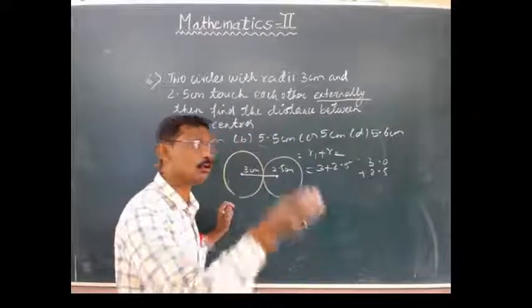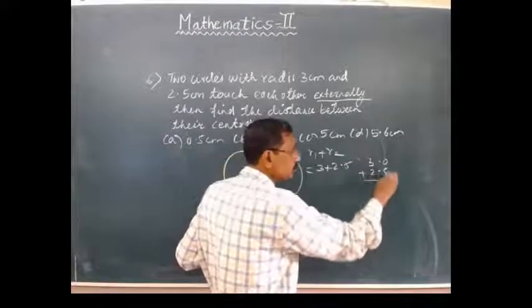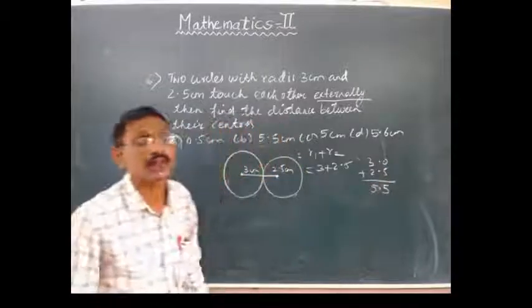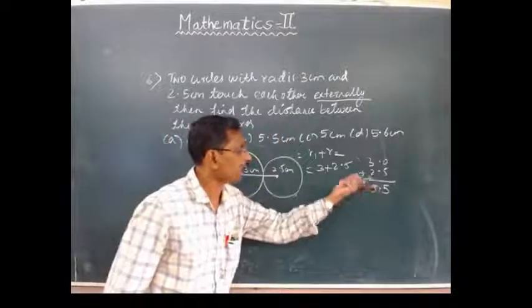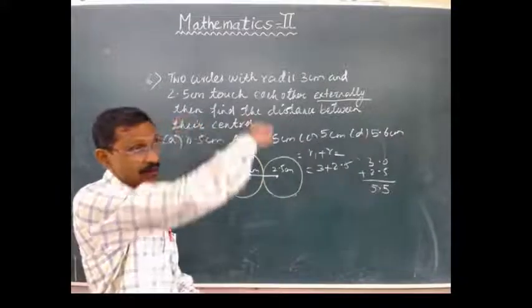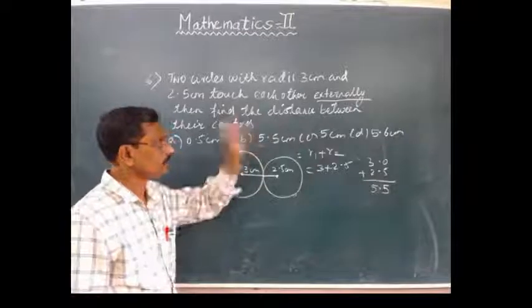When adding, don't make a mistake. 3 plus 2 is 5. So I get 5.5. In our options, is that 5.5?